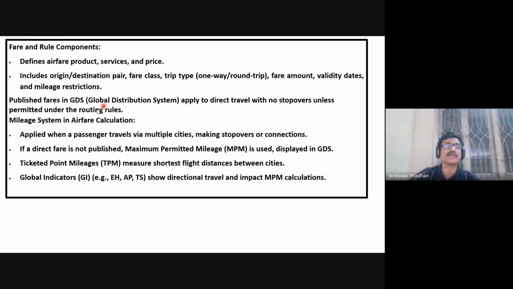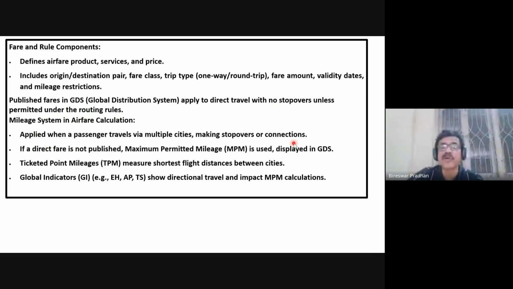A published fare in the GDS, the global distribution system, applies to direct travel with no stopover, and rules are permitted under the routing rules. Mileage system calculation applies when a passenger travels via multiple cities, making a stopover or connection.